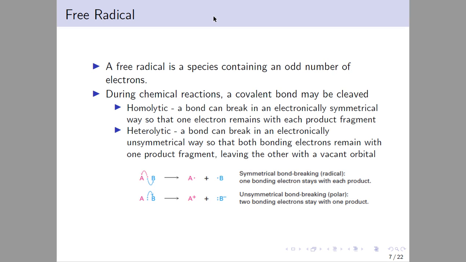A bond can break in an electronically unsymmetrical way, so that both bonding electrons remain with one product fragment, leaving the other with a vacant orbital. So here we can see that these are radicals, and these are just a polar product. These are homolytic, and these are heterolytic. So these are the free radicals.